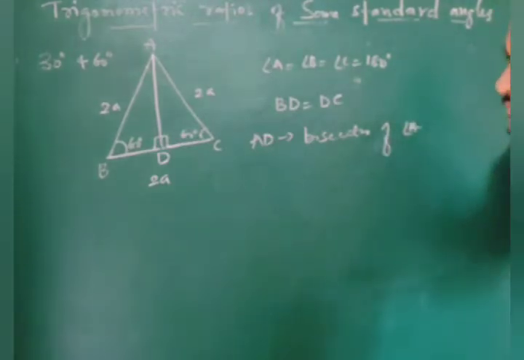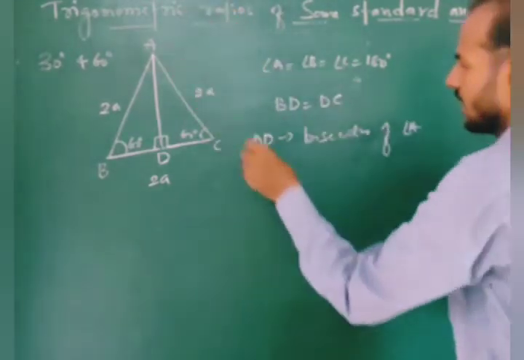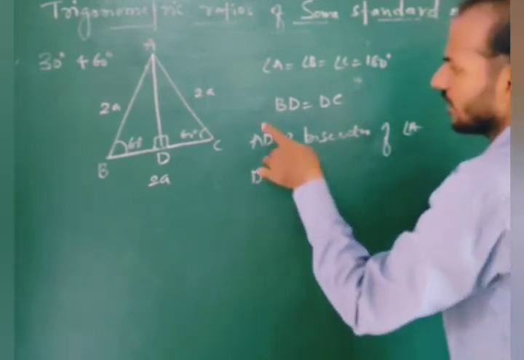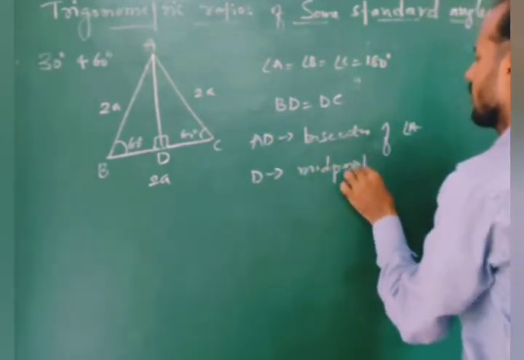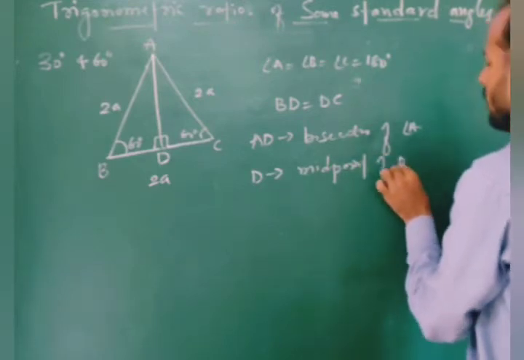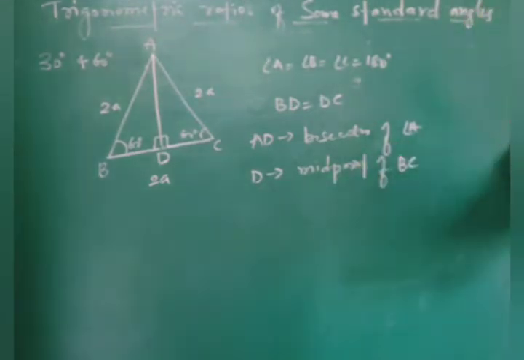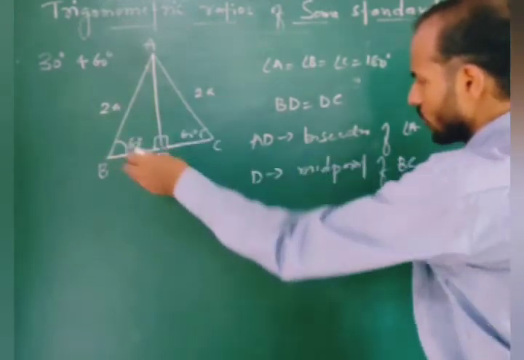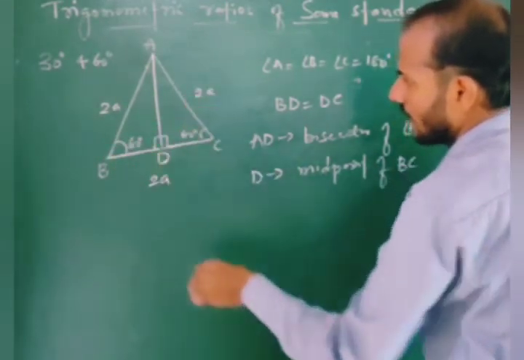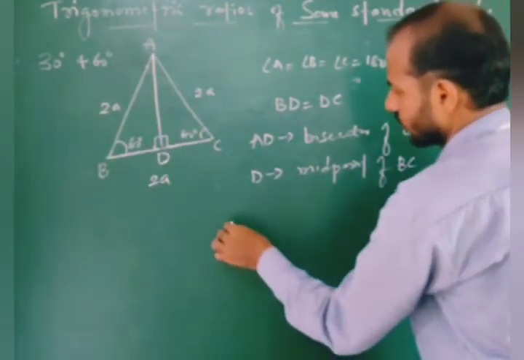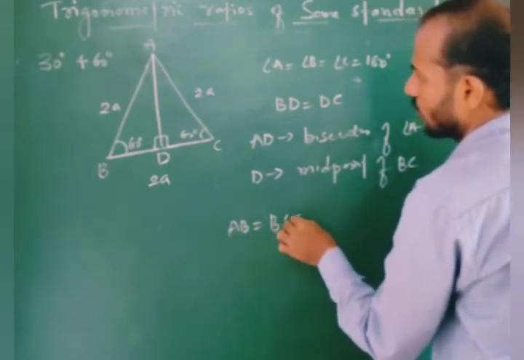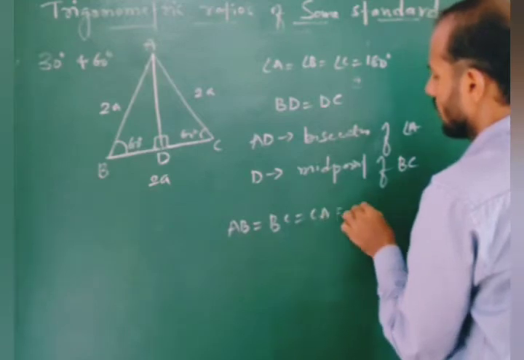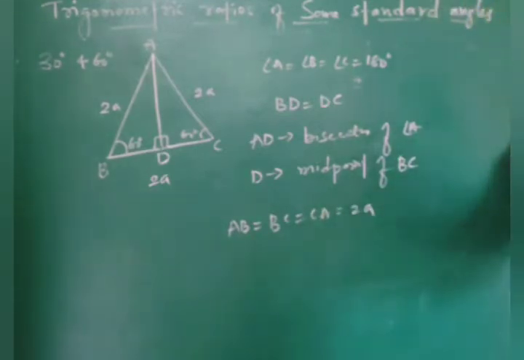angle A. AD is bisector of angle A, and D is what here? D is midpoint of BC. Therefore, AB equals BC equals CA, which is equals to, totally, all three sides are 2A.